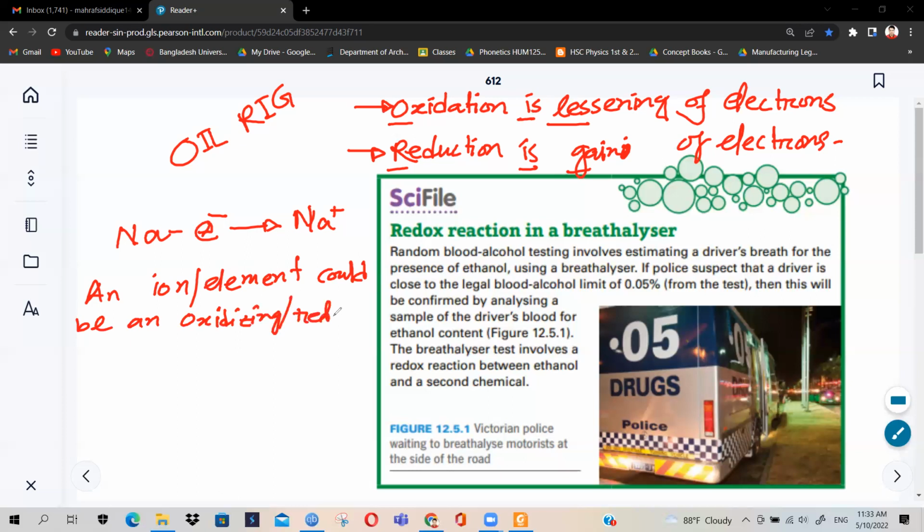See the term agent: agents are like human beings, so you could memorize that agents could be ions or elements.